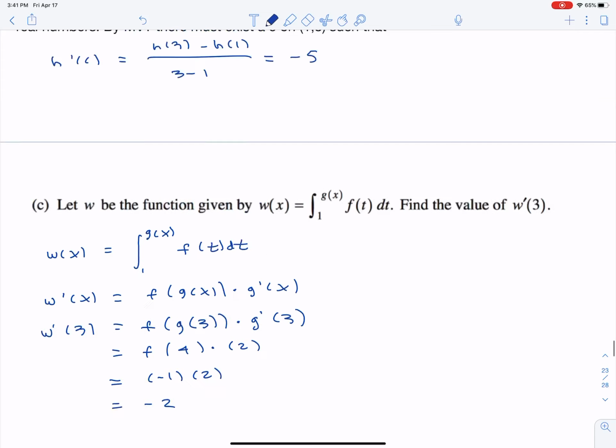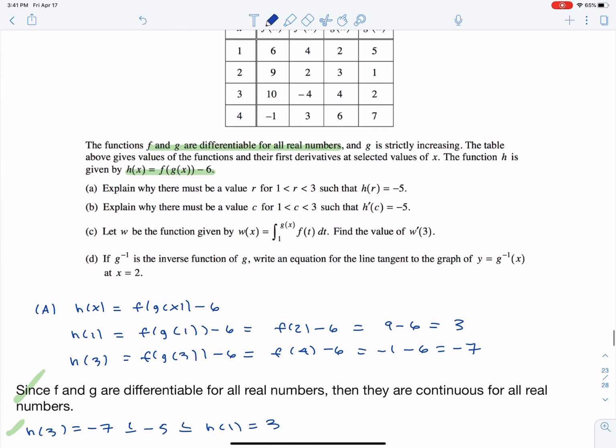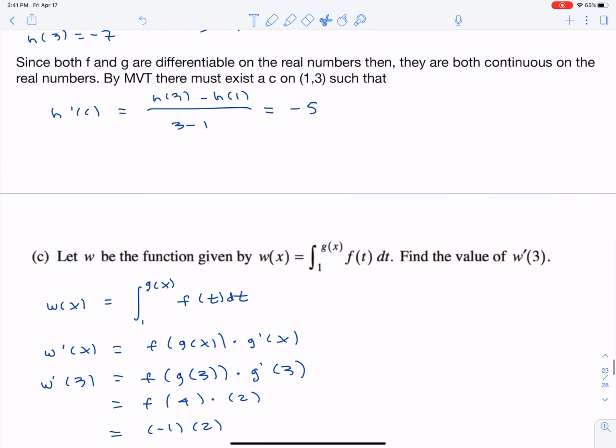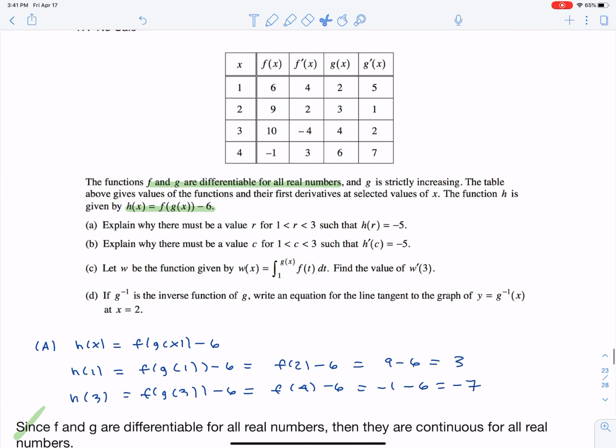Let's move on to letter D, the last one. I think I'm going to grab that table also, so I'm not constantly moving back and forth. That's kind of awkward. So there's that, and let me grab that table too.